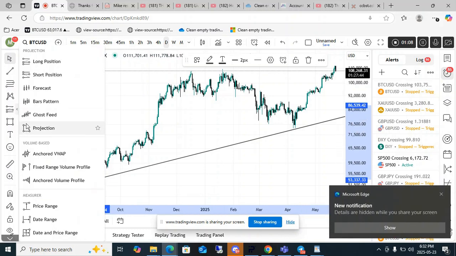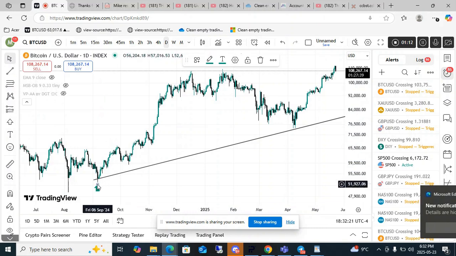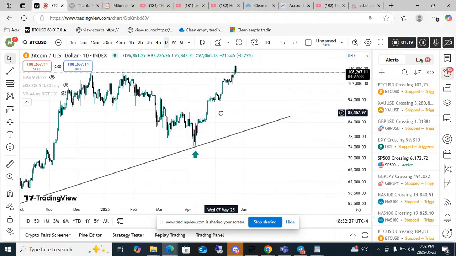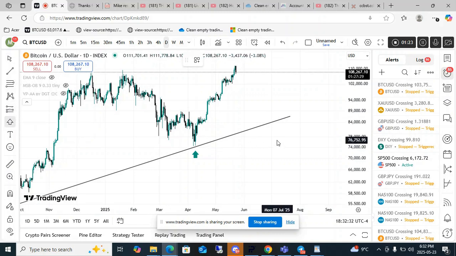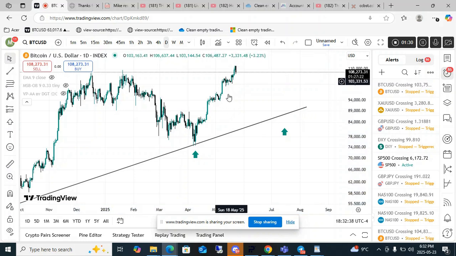So you guys can see this is the first touch here and the second touch. So this is how to mark out the trend line. On the third touch is a buy, boom.